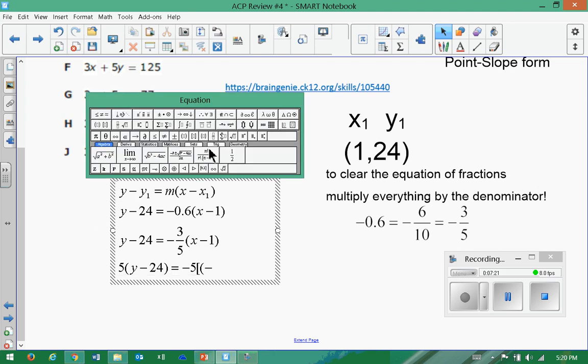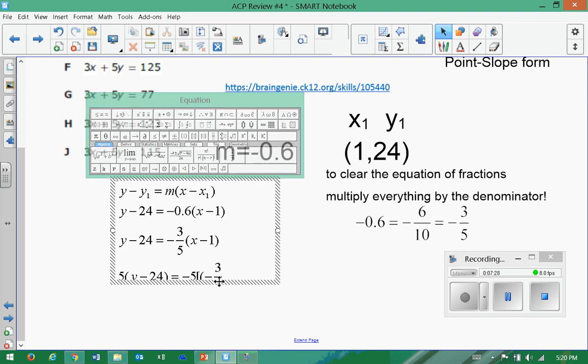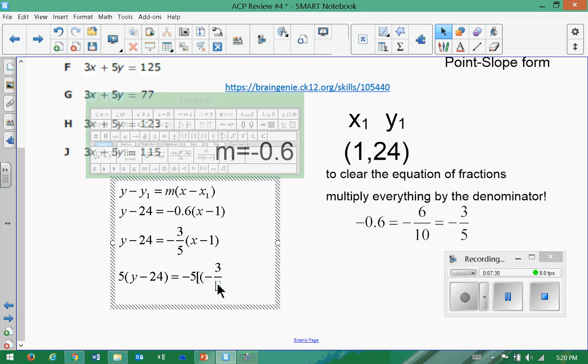I know that looks kind of complicated, but all we're doing is just using the distributive property.